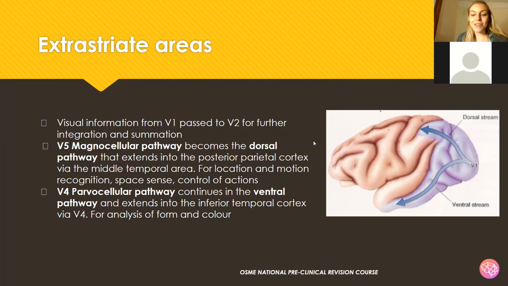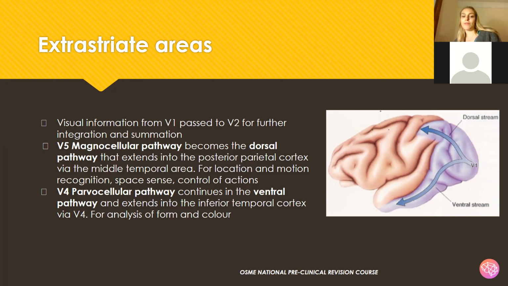Okay, extrastriate regions. So visual information from V1 is then passed to V2 for further integration and summation. So we have the V5 magnocellular pathway, which is the dorsal stream. You can see that going up, and this extends into the posterior parietal cortex via the middle temporal area.